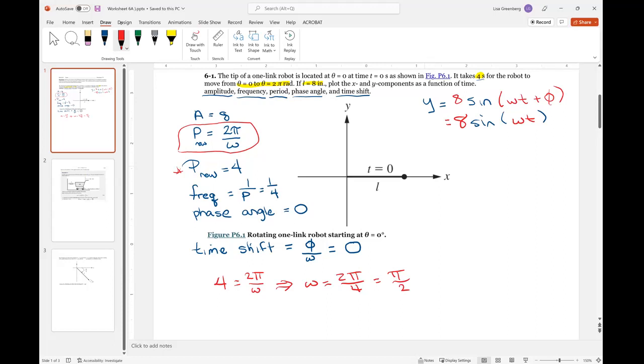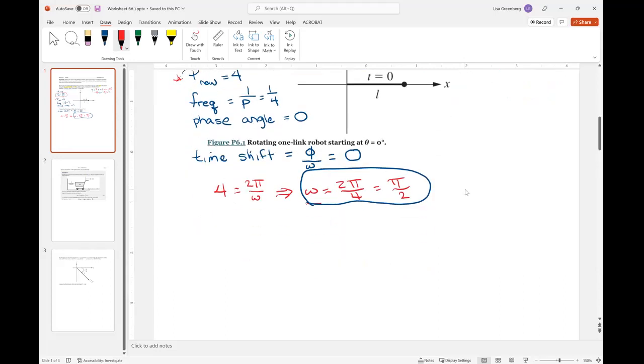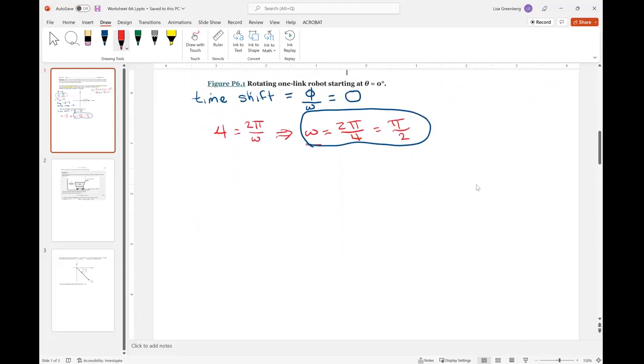And that is my omega. So now my function is 8 sine of pi over 2 t. Okay, now I think we got everything. Function of time, yes. So now we're going to graph it.